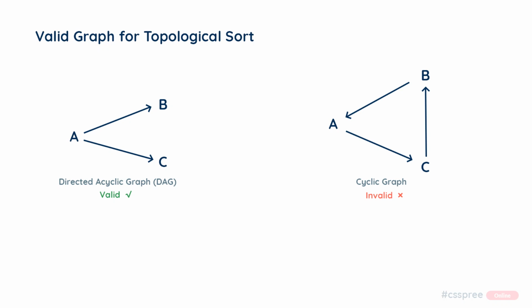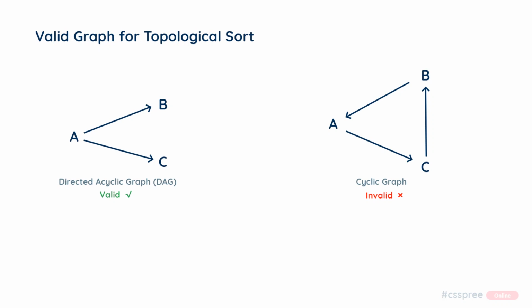Why is a cyclic graph invalid for topological sort? Because according to the example, if we want to complete task A, then we need to complete its prerequisite B. Similarly, to complete task B, we need to complete its prerequisite C. Similarly, to complete task C, we need to complete its prerequisite A, which creates a collision, and we cannot tell which one is the prerequisite. That's why a cyclic graph is invalid for topological sort.